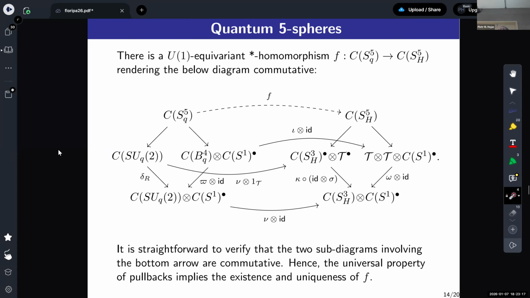So when you go to Vaksman-Soibelman, well, this is the quantum group picture, right? These are obtained from Vaksman-Soibelman quantum spheres, and of course, Vaksman-Soibelman quantum spheres are obtained from quantum unitary groups. Okay, so you deform your ambient unitary groups to quantum groups, and then you get spheres, and then you get projective spaces. So this is how you get these projective spaces.